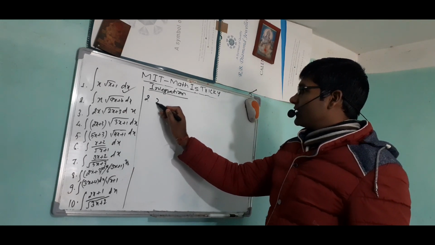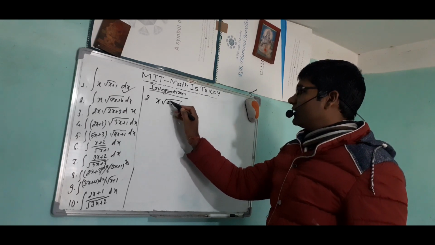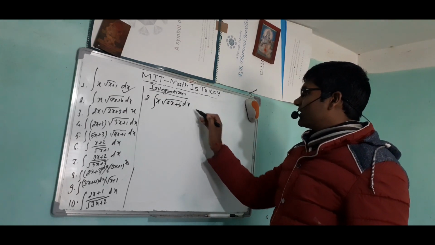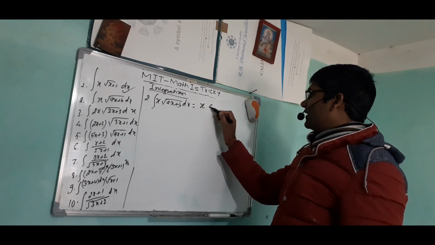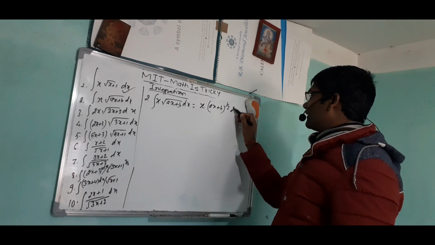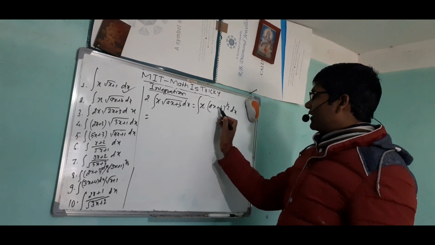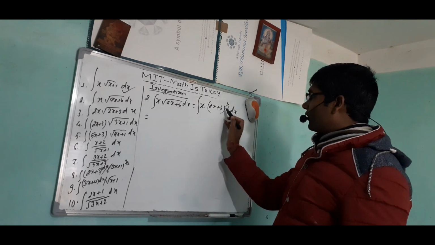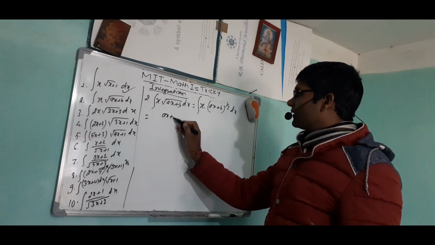It is the integral of x times square root of ax plus b dx. So this can be written as x times ax plus b to the power 1 by 2 dx. Now as before, first you write whatever is inside the root or in the base, so ax plus b.